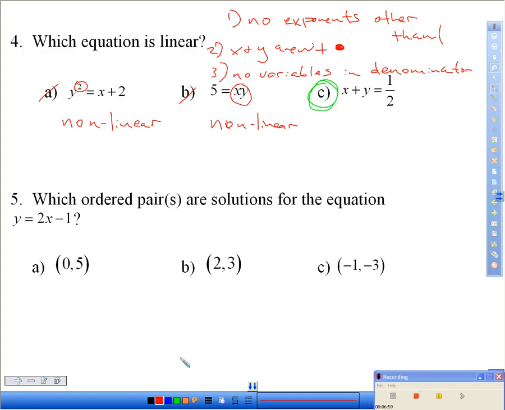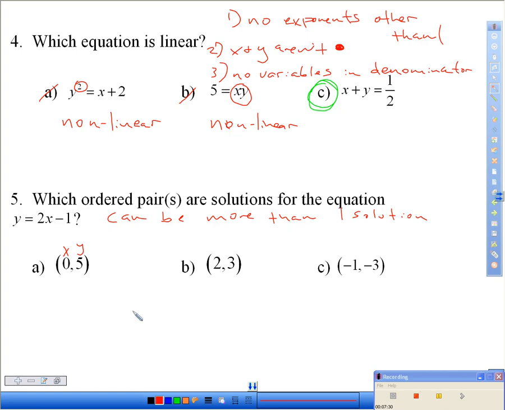Number 5, it says, which ordered pairs are solutions for the equation y equals 2x minus 1? Well, solutions of a linear equation make the equation true, and that's when we substitute in the x coordinate for x and we substitute in the y coordinate for y. What we need to know on these is there can be more than one solution.